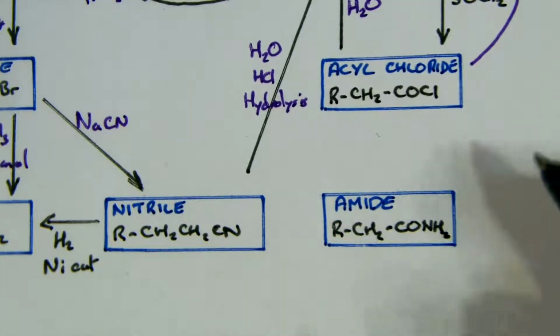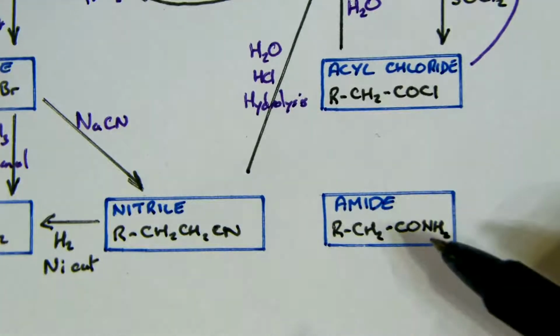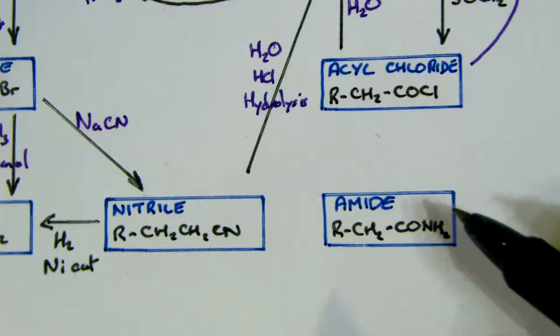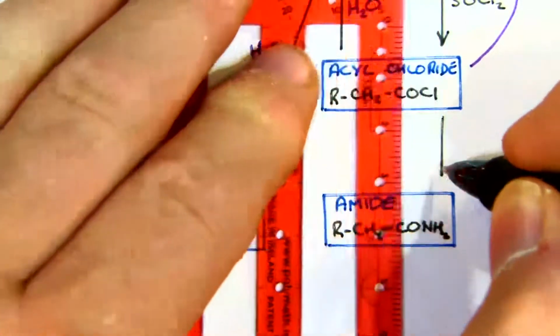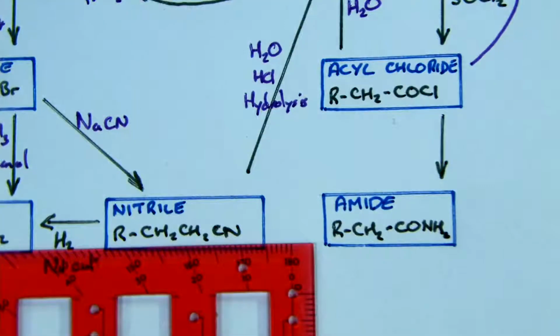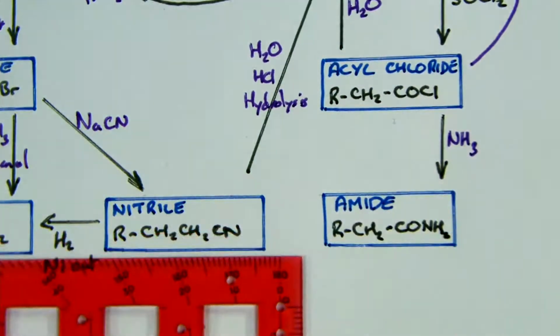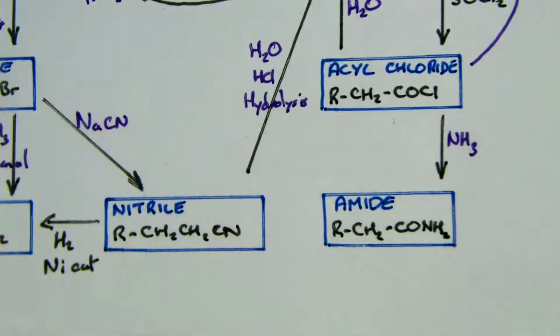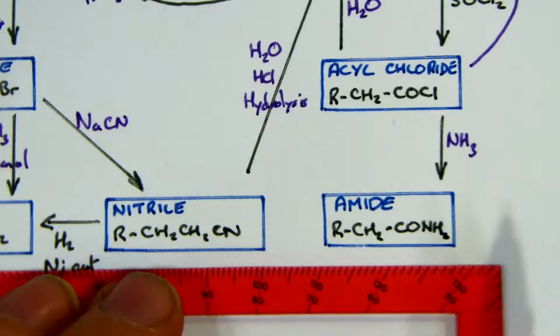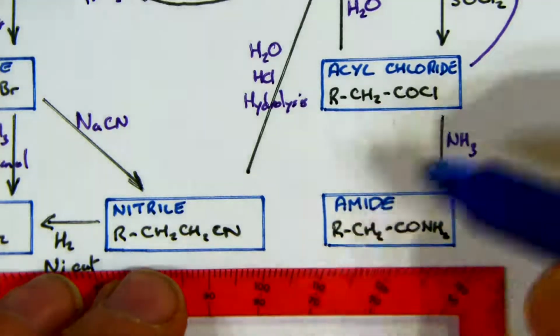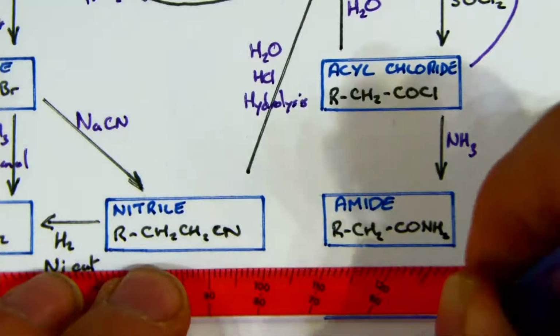So how would I turn an acyl chloride into a primary amine? Then that is certainly just going to be using ammonia. If I wanted to make it into a secondary amide, then I'd have to do a little bit of playing around.